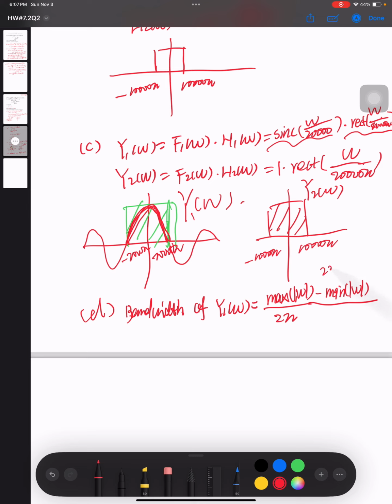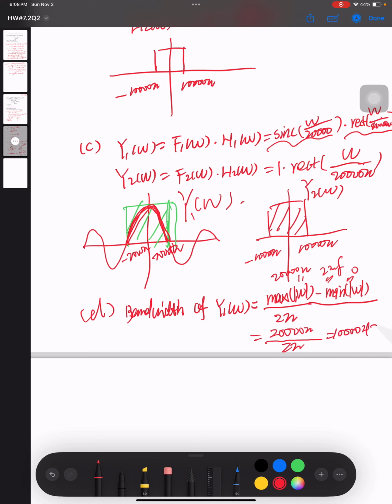So this is 20,000 pi over 2 pi, the maximum value is 20,000 pi and the minimum is 0, so it's 10,000 hertz.